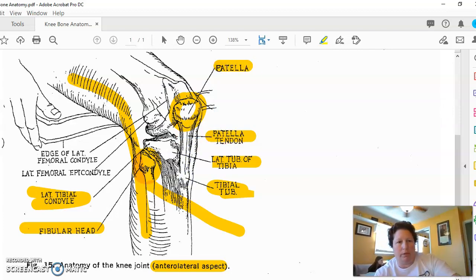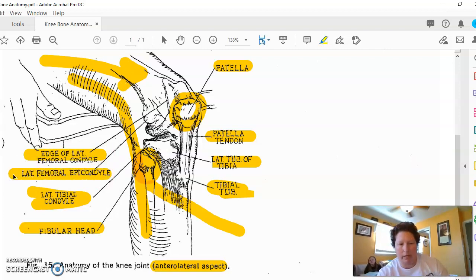As we move up the leg, coming in here to the femur, the long bone in the upper leg, we now have the condyles on the outside. So we have the lateral femoral condyle and lateral femoral epicondyle, and those are on the outside of the knee.